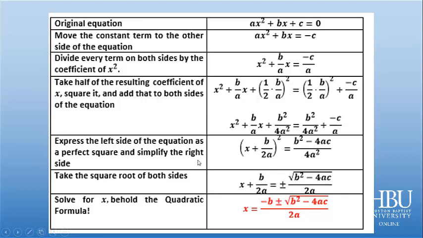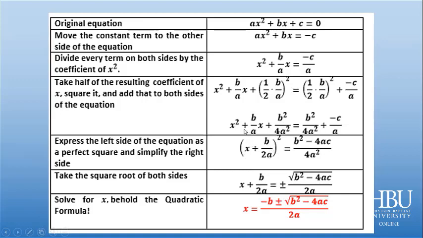The next step says that we want to express the left side of the equation as a perfect square, and we want to simplify the right side. So the square root of x squared is x. The square root of b squared over 4a squared is b over 2a.